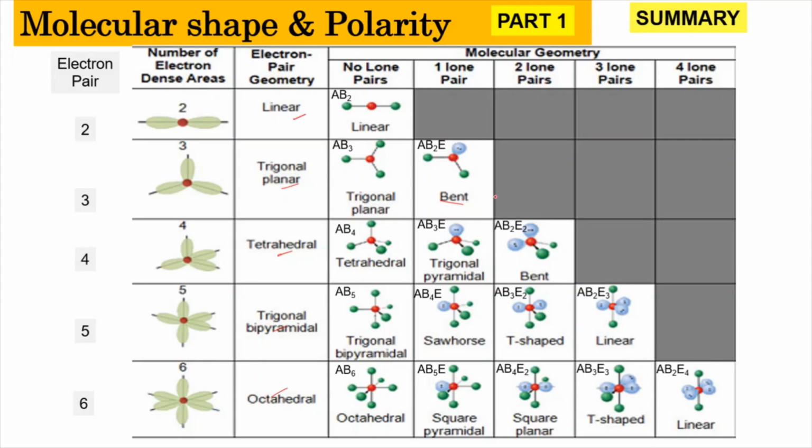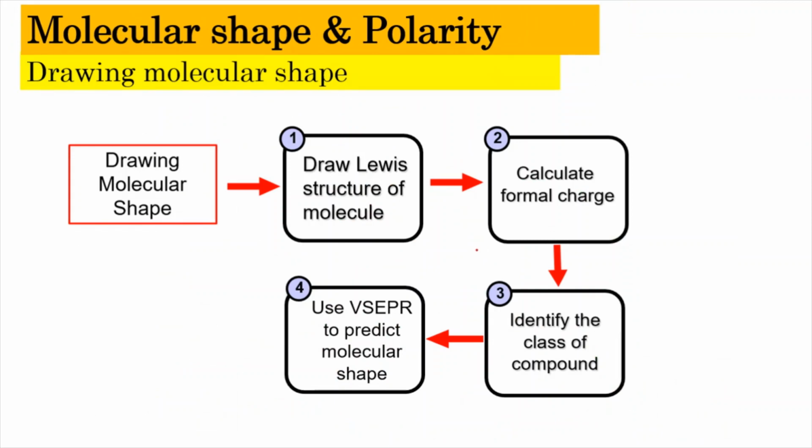And we're going to look at how we can draw the Lewis structure and predict its shape by looking at various examples. So in this video, we're going to learn how to identify the class of the compound, almost similar to what you learned in the previous video, and then use the VSEPR theory to predict the molecular shape.